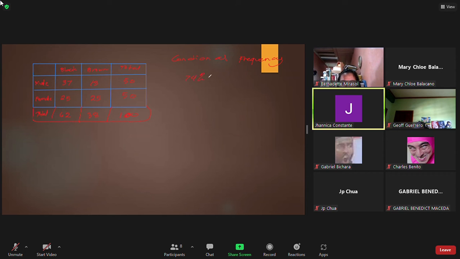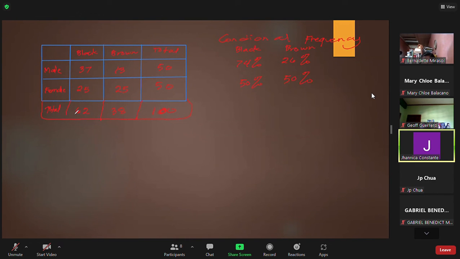So 74% for 37 black, for 13 brown, 13 divided by 50 is 26%. 25 divided by 50 is equal to 50%, and the same, 50% also. So that is for black and brown.